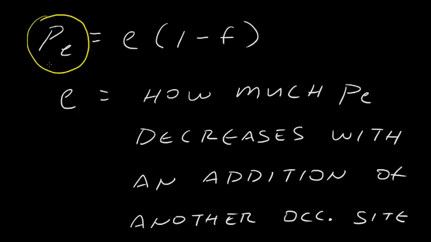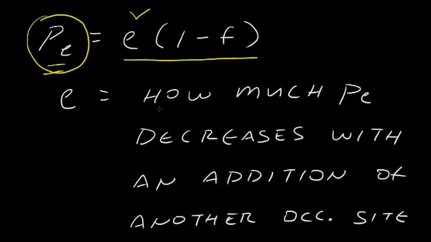So we'll start here with probability of extinction, and we're going to change that term to the following: E times 1 minus F. So we've got this new term, E. In some ways, it's similar to the internal colonization model that we just covered, in that E is a measure of the strength of that rescue effect.